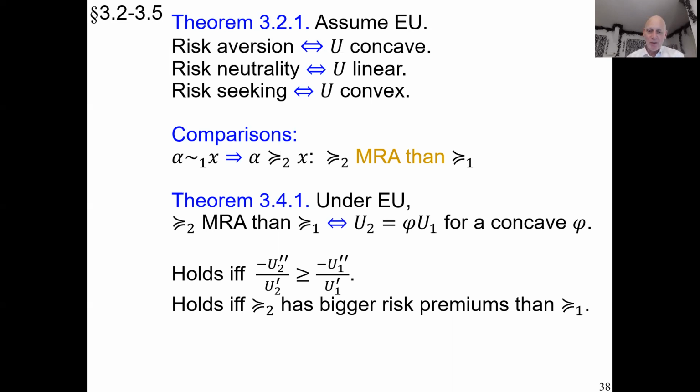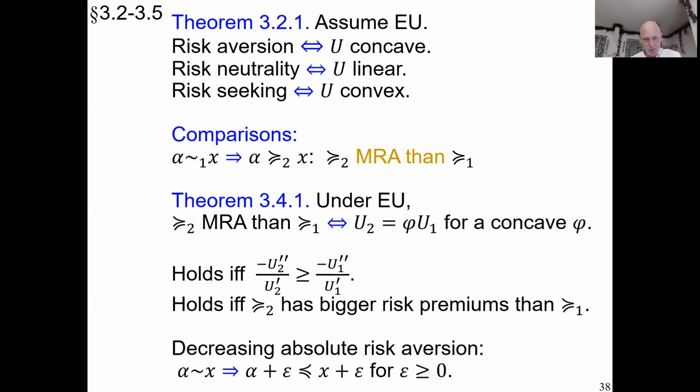We can also do comparisons within a person, to see what happens if a person becomes richer. Usually we find that people, as they get richer, become less risk averse, so decreasing absolute risk aversion. I give now the definition of it, and it goes like this. Imagine some decision maker who is indifferent between a sure outcome and a risky lottery.